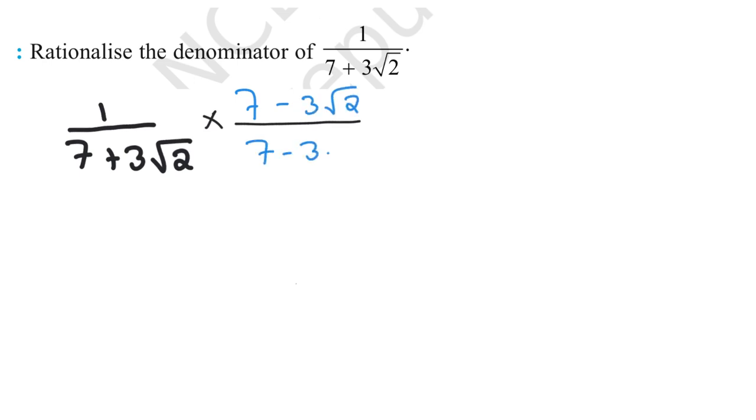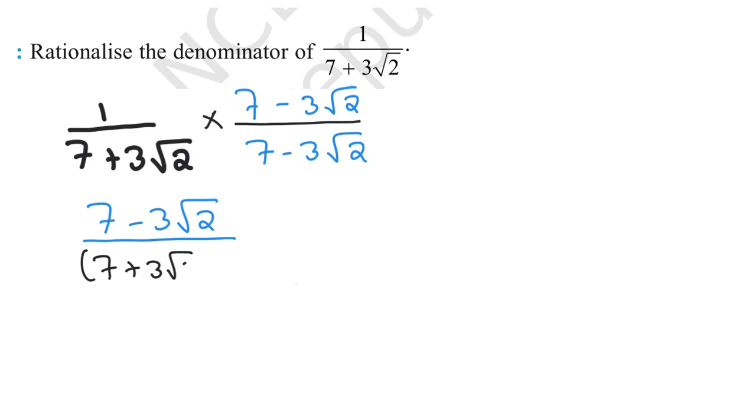So the numerators will be the same, which is 7 minus 3 root 2 divided by the denominator, which is 7 plus 3 root 2 times 7 minus 3 root 2. Now, the numerator is still going to be the same, 7 minus 3 root 2.